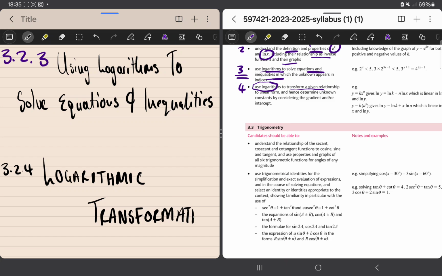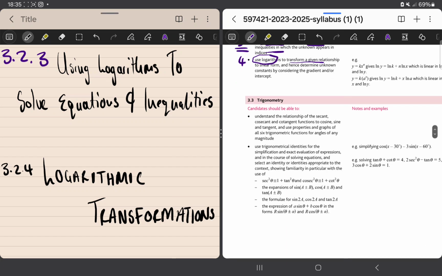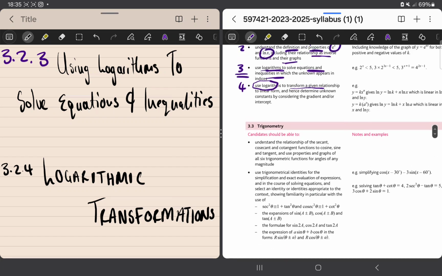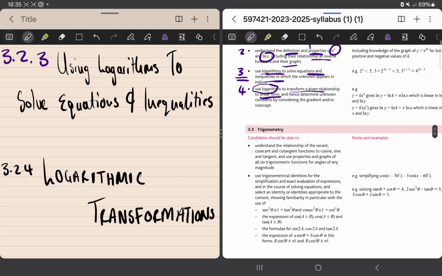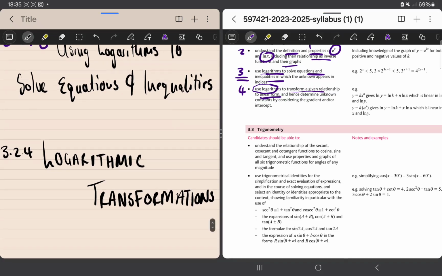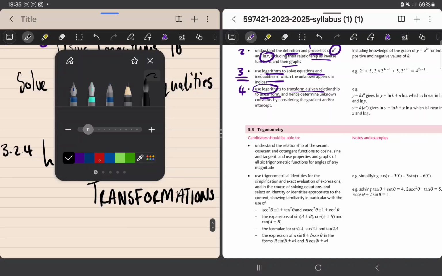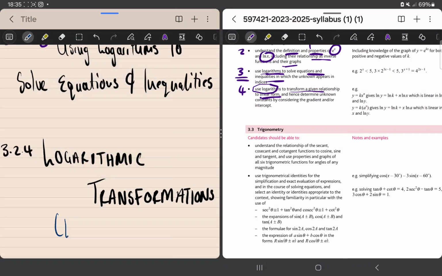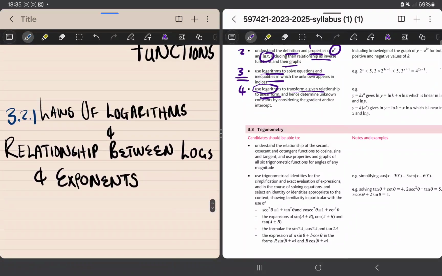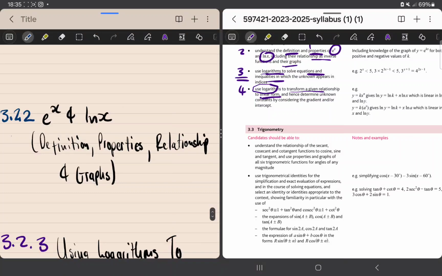And they say it's to model to linear form, determining the unknown and so on. So yes, it's linear modeling. We are converting something to linear form by logarithmic transformation. So we must know the laws of logarithms and the relationship between them. It's not going to be hard. We can do it in no time.